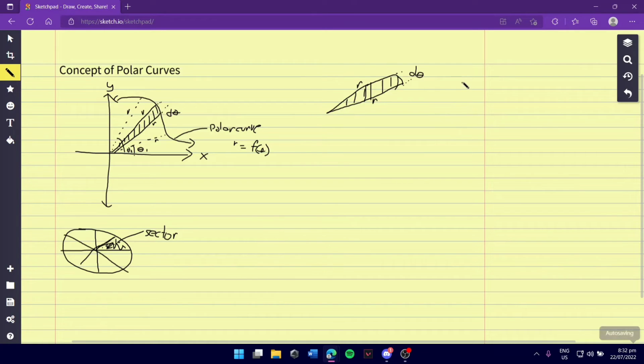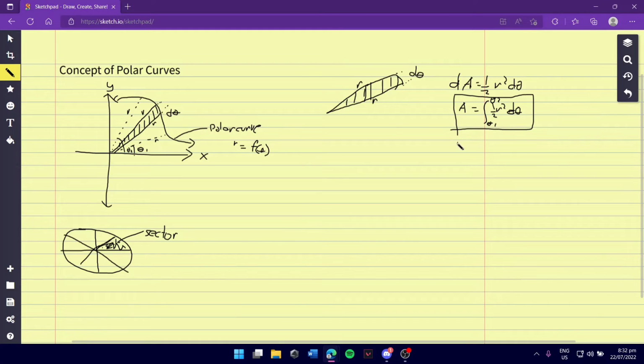So the formula for sector differential area, we will solve for the differential area. This will become 1/2 r squared times your d theta. Next, we integrate both sides, we have the integral of 1/2 r squared times your d theta from theta 1 to theta 2. So now, this is your formula for the polar curves.